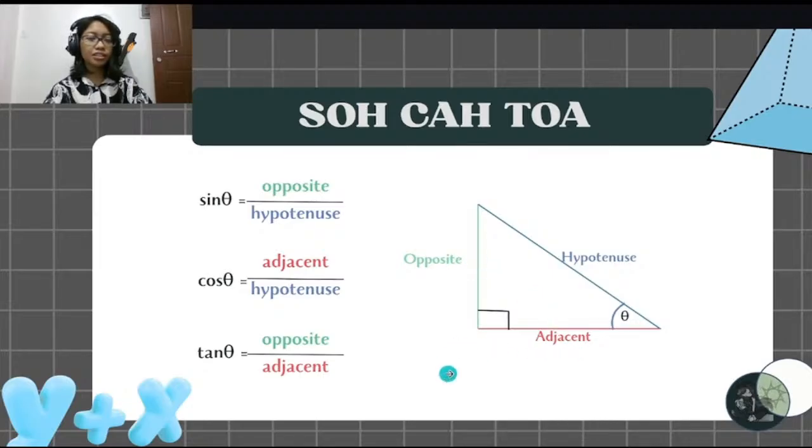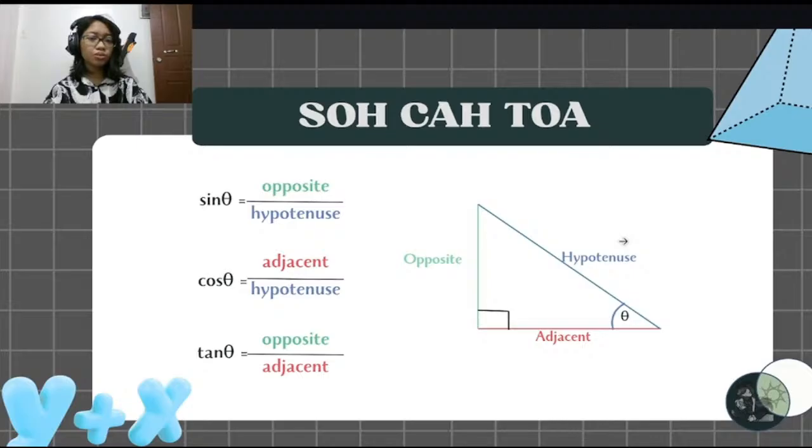Sine of an angle is the ratio of the opposite side to the hypotenuse. Whenever the problem involves these two sides, the sine is the correct trigonometric ratio to use. Cosine of an angle is the ratio of the adjacent side to the hypotenuse.